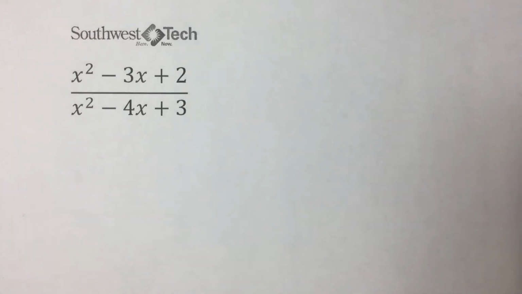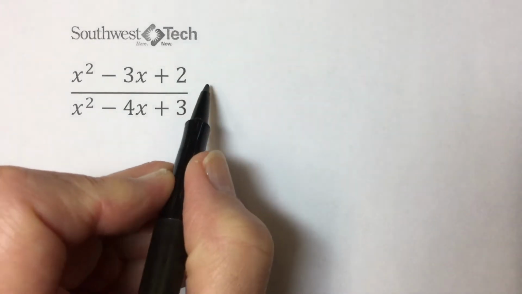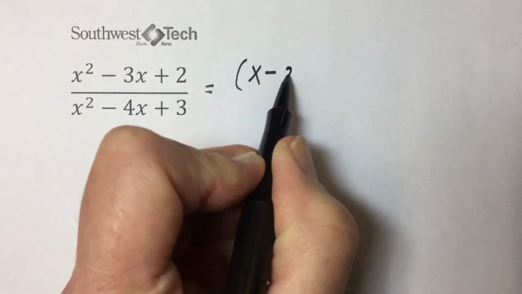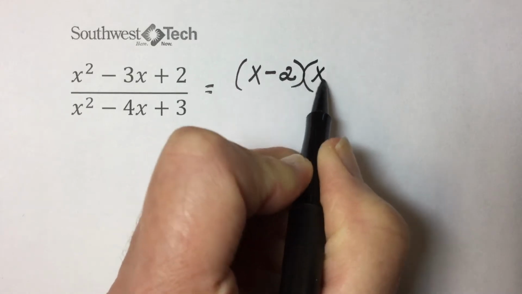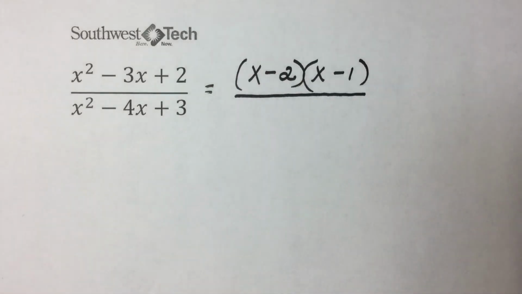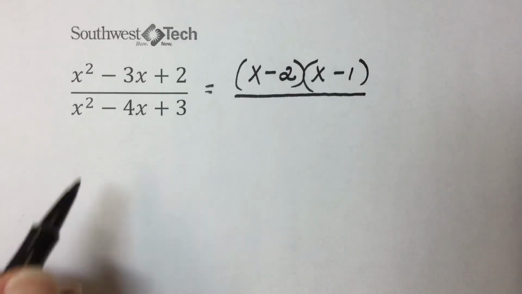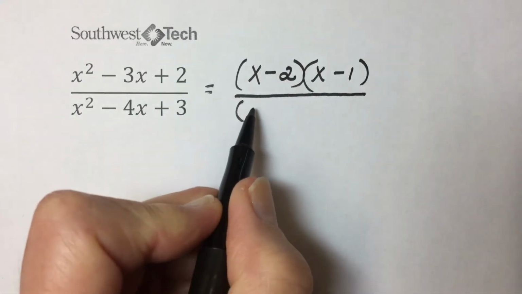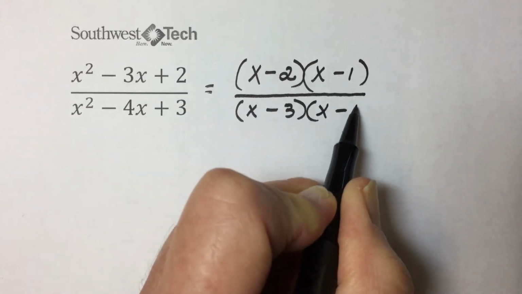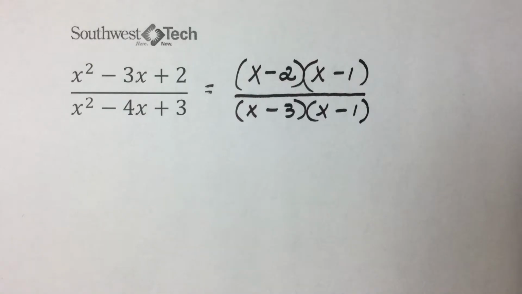So first, factor the rational expression, and if we factor the numerator, we find that it factors into the following two binomials, and we can check with FOIL to verify that that is the correct factorization. The denominator factors into an x minus 3 times an x minus 1, and it's only now at this stage that we can cancel out factors that are equivalent to 1.